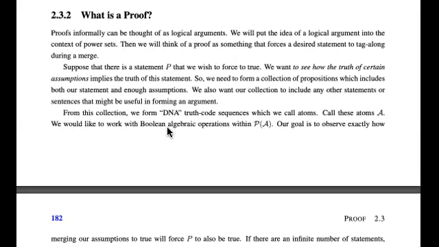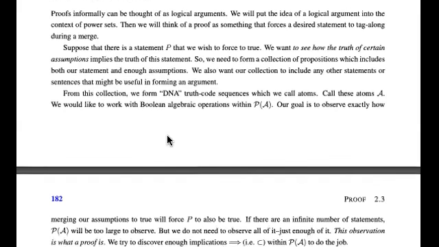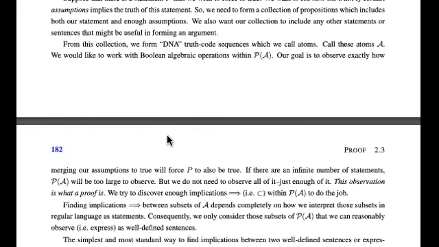What is a proof? Okay, proofs can be thought of as logical arguments, all right? But we're going to look at this in terms of power set structure with arrows between things, meaning subsets of. So one thing implies something else. So kind of the idea is that we're trying to look at the power set of the different propositions or statements, whatever we're working with.